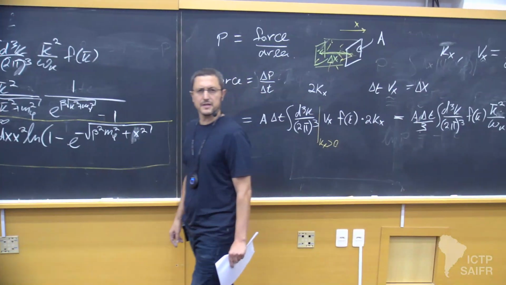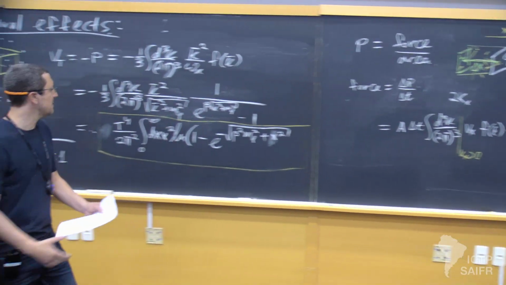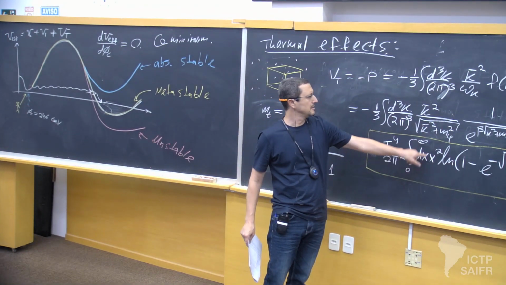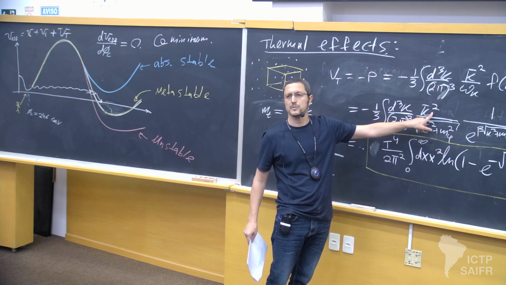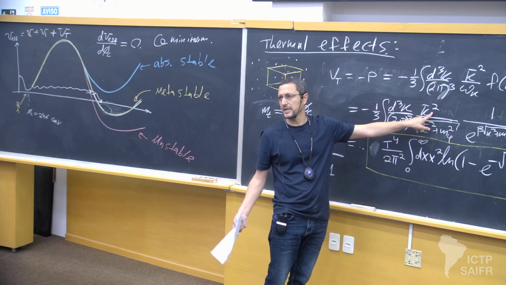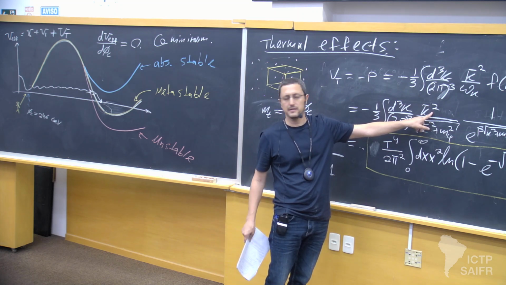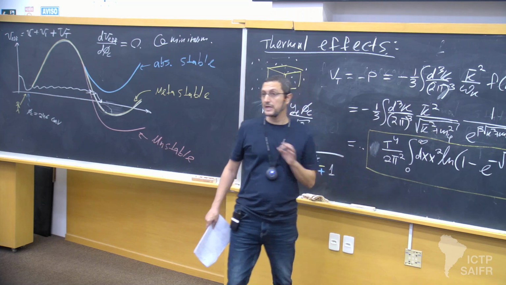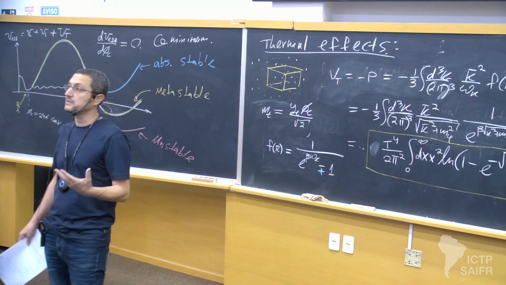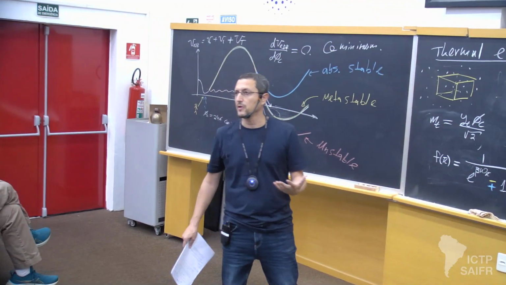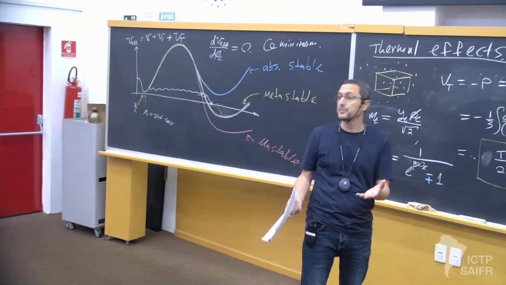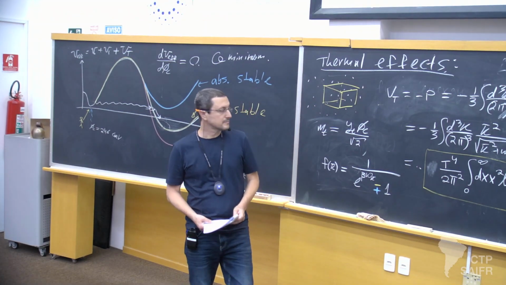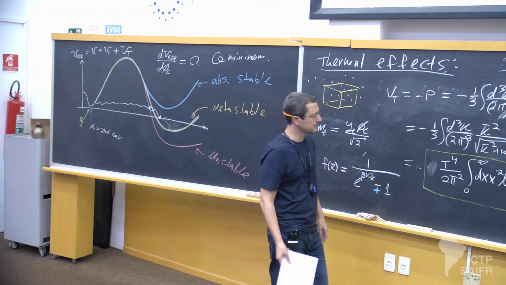All I did, which you can easily verify for yourself, was change the variables to a dimensionless variable x, by changing from the variable k to the variable k over T, or beta k. So x is just beta k. This pulls out a factor of T to the 4, which shows that we have the correct dimensionality. What we want is an object that is energy to the 4, or energy density, which is exactly what pressure is. Force per unit area is exactly energy per unit volume.